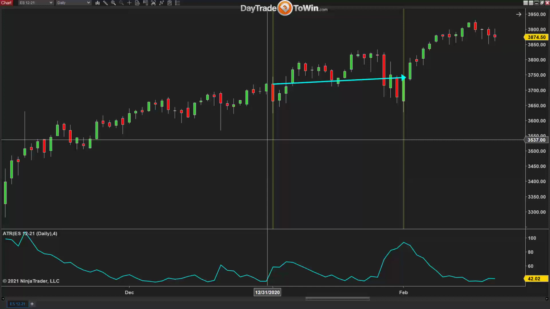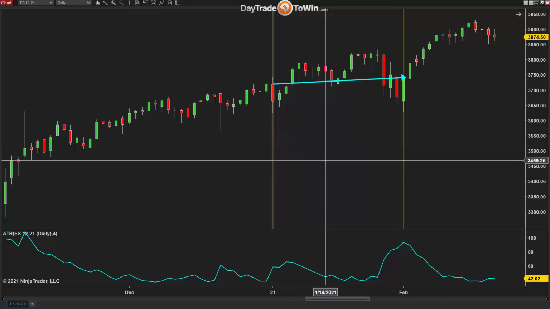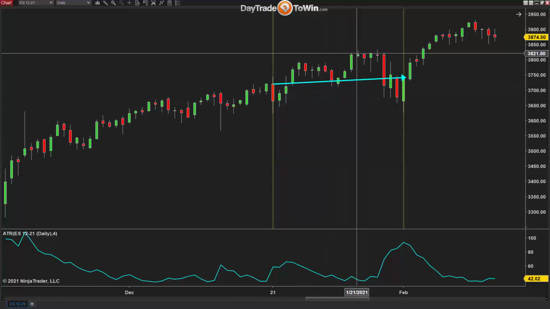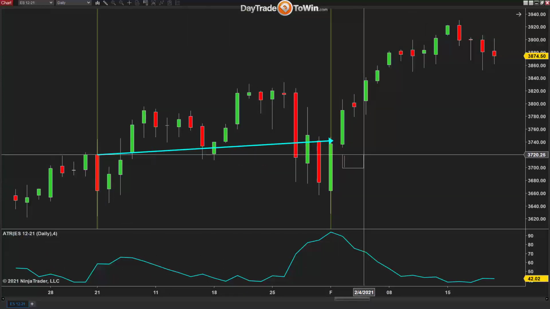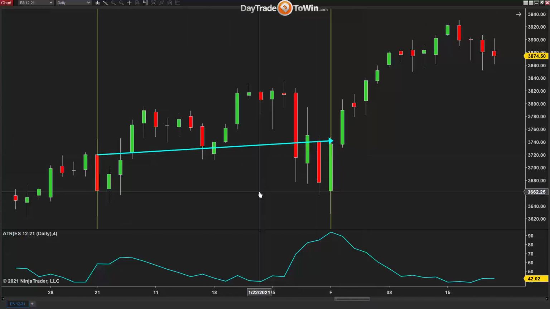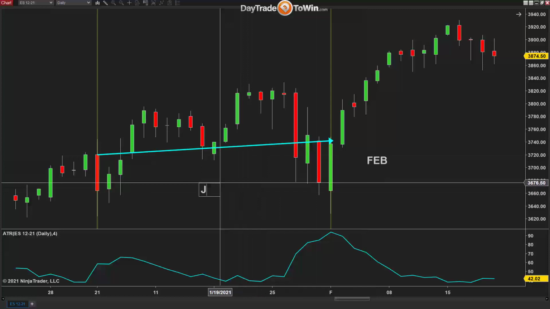So one of the methods is every time the market breaks higher from a previous high, we have an opportunity to buy. And so you can see that as we move into, so this is February, just to outline this here. This is February, this is January 2021, this year.